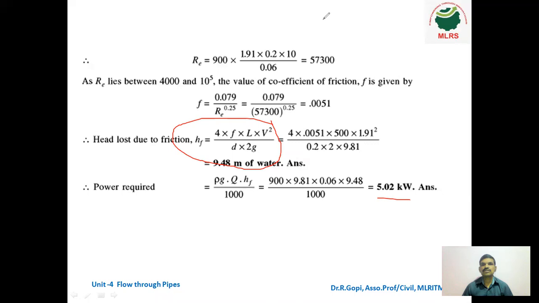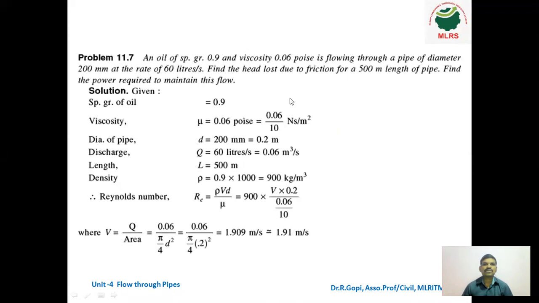One thing you have to remember: while writing the given data, you have to convert everything into SI units. Here you can see dynamic viscosity is given in poise, but we have to use Newton second per meter square, so you have to convert it. Diameter is given in mm, so you must convert it into meter, 0.2 meter, and discharge is given in liters per second, so you must convert it into meter cube per second.